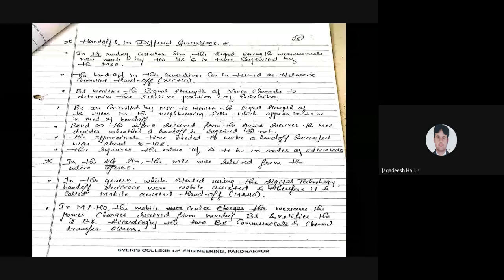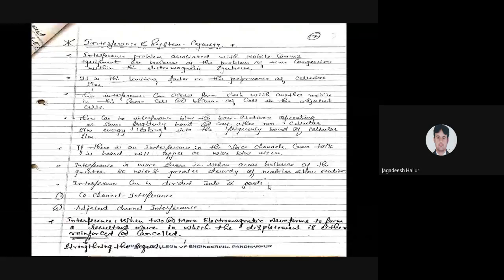For second generation, mobile assisted handoff, the time required is 1 to 5 seconds, and the power margin is 0 to 5 dB. Similarly, 3G is mobile controlled handoff; the time required is 100 milliseconds, and the power margin is 20 dB milli. This is the concept of handoff strategies. Next point, interference.